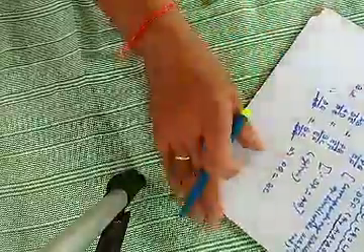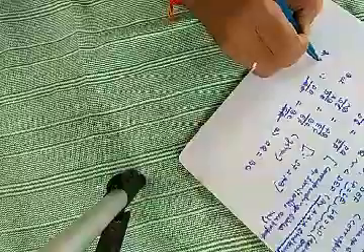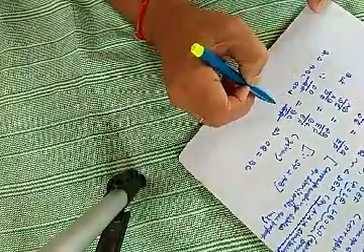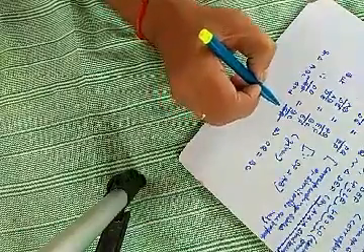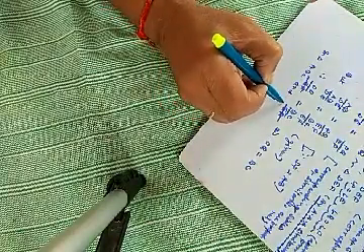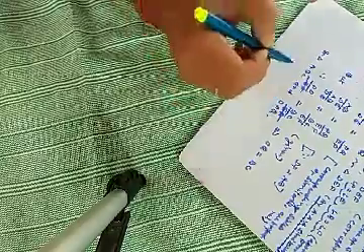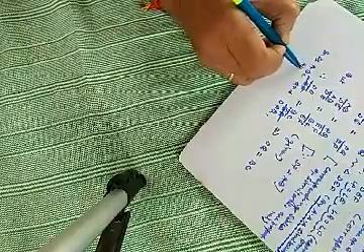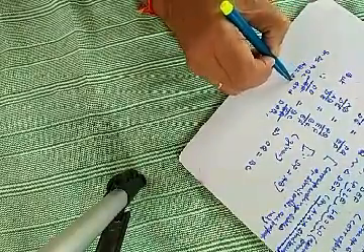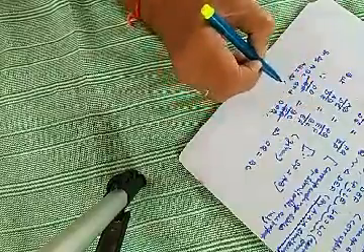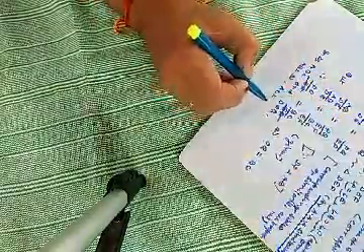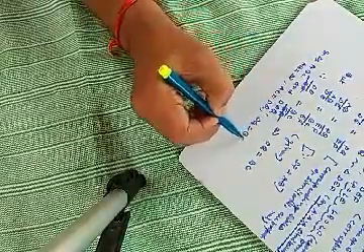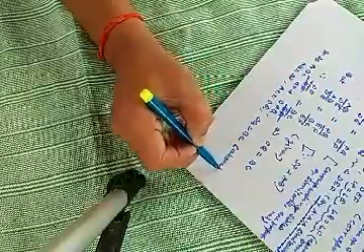Now in triangles ABC and DPQ, AB is equal to DP by construction, and AC is equal to DQ by construction, and PQ is equal to BC, above proved.